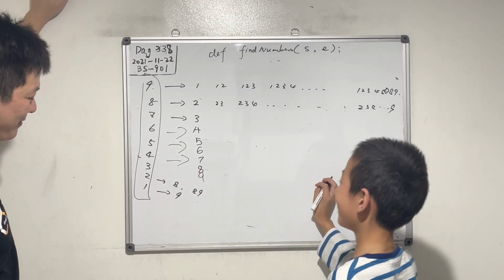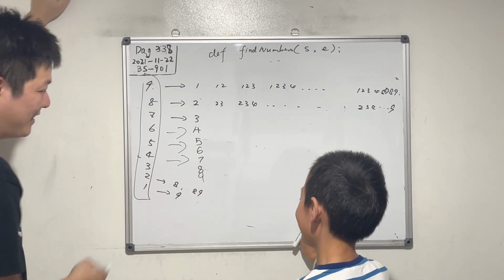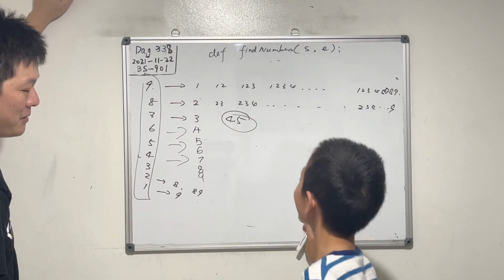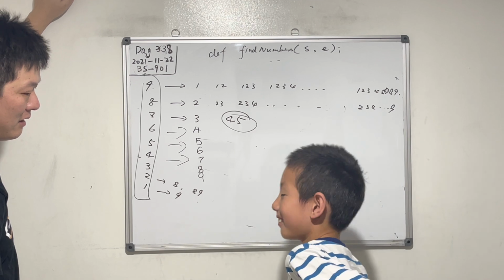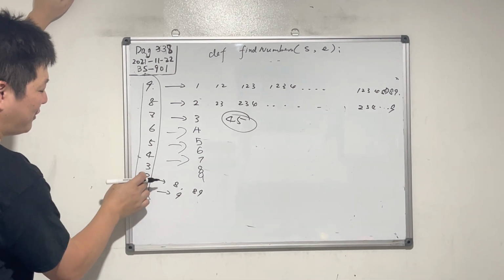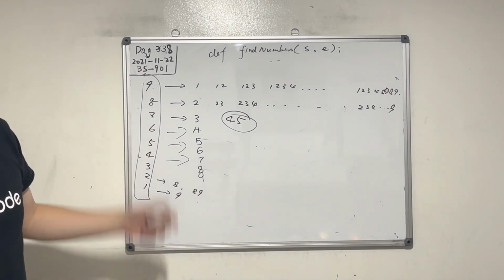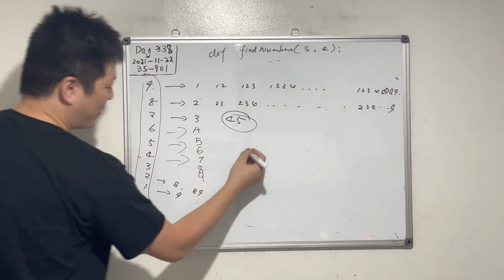How do you know it's 45? That's only 45 numbers. How do you get this number? 1 plus 2 plus up to 9. What's the sum of the first n natural numbers? Remember, we talked about this.